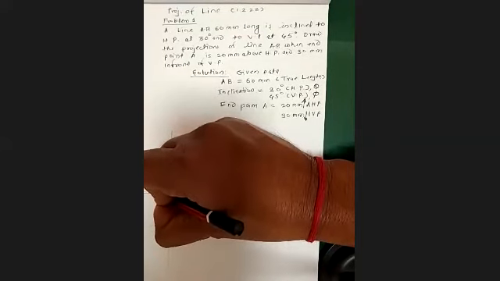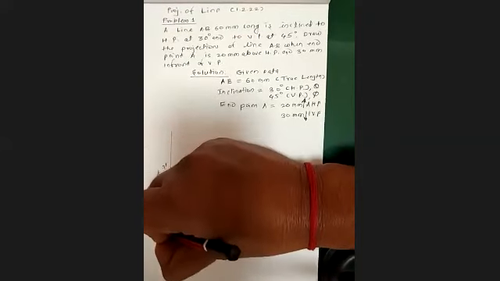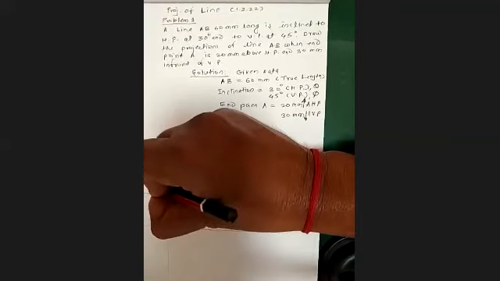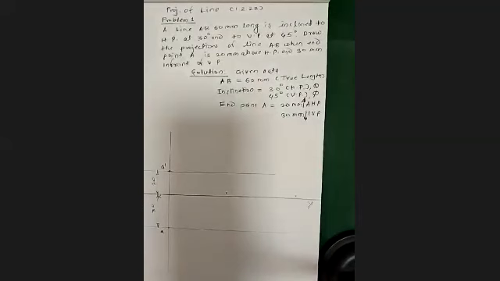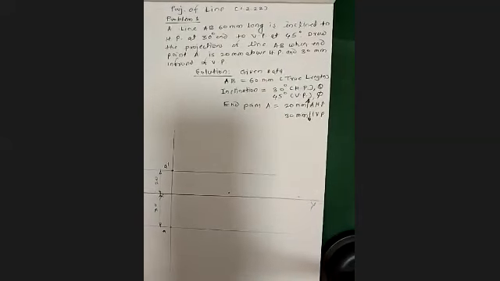This distance is 20. This distance is 30. So 20 above HP, 30 millimeter in front of VP, right?